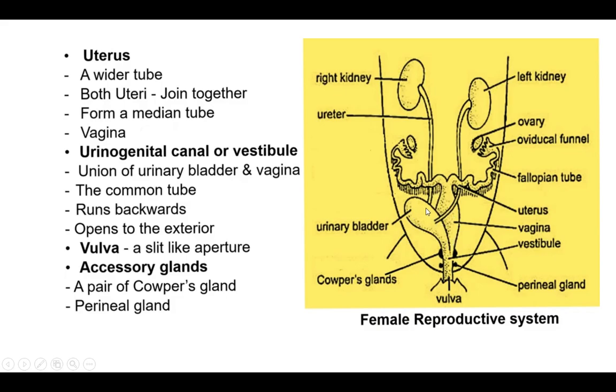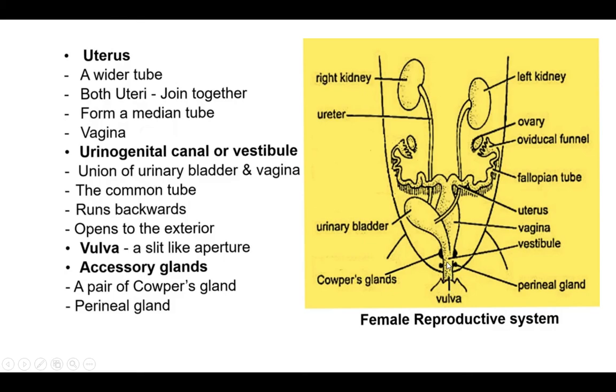There is a common tube that runs backward and opens to the exterior, called the vulva. This is the vulva. So the urinary bladder as well as the vagina open into the common tube. The slit-like aperture is the final opening, which we call the vulva.